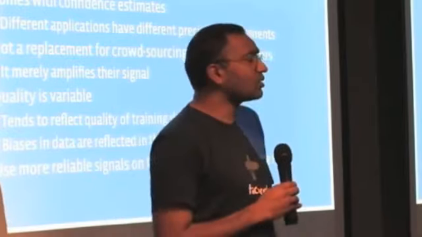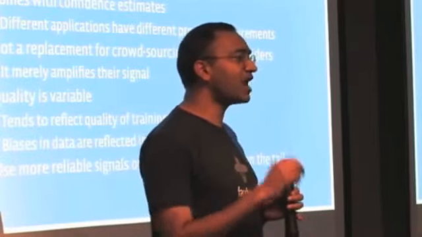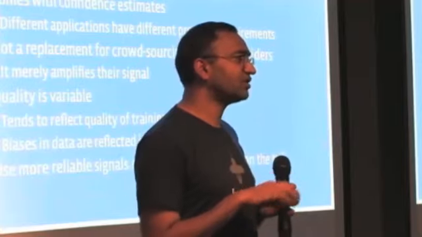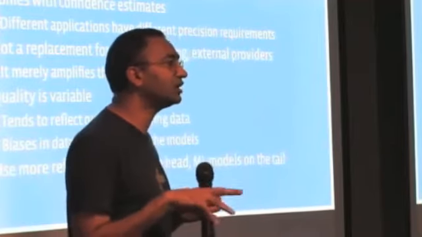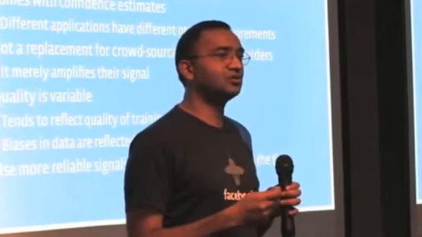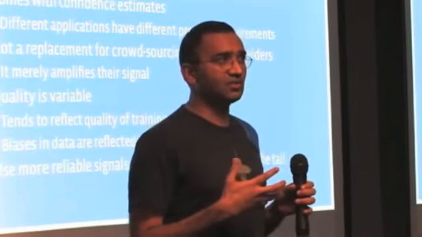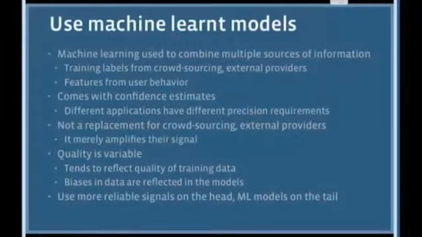So the other thing is combining information using machine learning, right? We have a bunch of different information that we get from completely different sources. At the end of the day, what we'd like to do is extend this information as much as possible, and we want to make sure that we can combine it in a sane way.